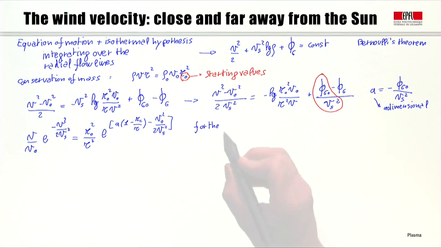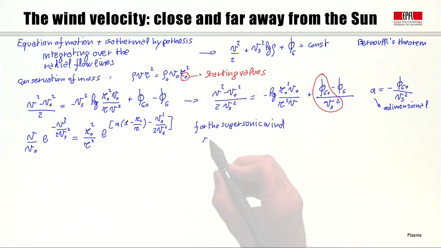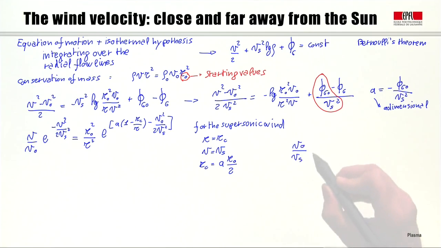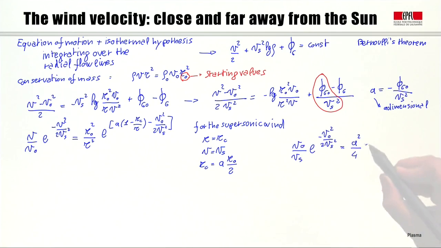For the supersonic wind, we have seen that the wind becomes supersonic at the critical radius rc, and if we use the definition of A, we can obtain, if we now plug these values into this formula, we obtain, which determines the initial velocity of the solar wind as a function of the sound speed.